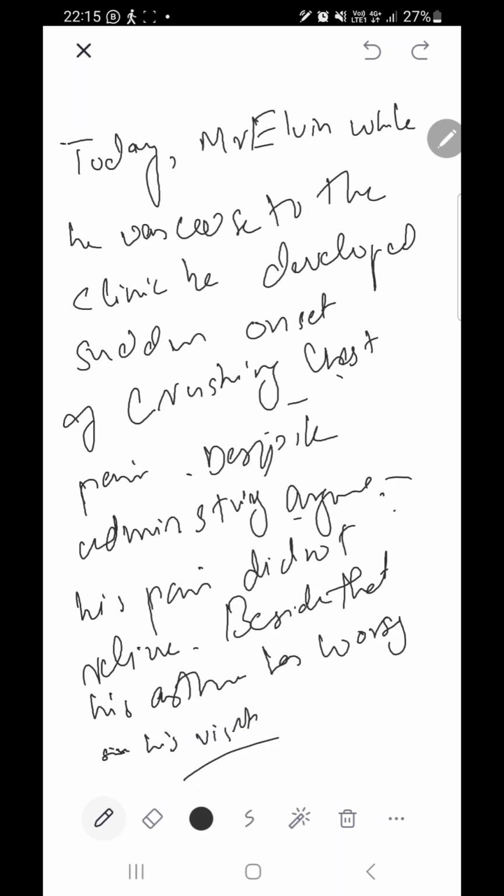You can see that in this letter, we can write it down: today, when he was close to the center, he developed sudden onset of crushing chest pain. Despite the administration of the medication, his pain did not relieve. This is one of the ways.